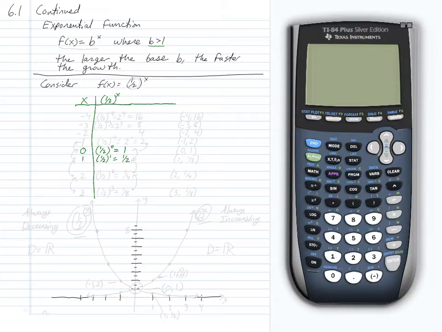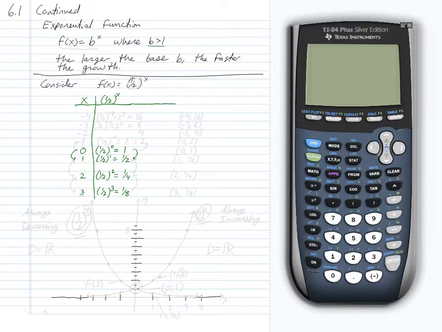Okay. If we square it, 1/2 squared. Well, that would be 1 squared over 2 squared, so 1/4. And if we cube, we would get 1 over 2 cubed. In other words, 1 cubed over 2 cubed, or 1/8. So notice, as we increase x, the y value gets half as big.